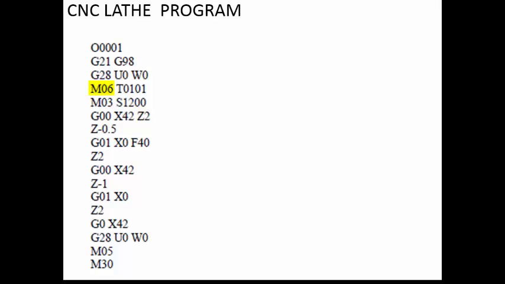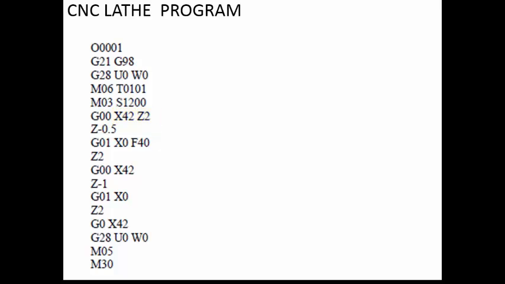M codes may be used for switching on the spindle in clockwise or counterclockwise direction, switching the coolant on or off, maybe releasing the tool, or switching off the machine or stopping or halting the program. So they are not directly involved in the motion of the tool, but they are all auxiliary functions, in other words. Then X and Z indicate the X coordinate and the Z coordinate.